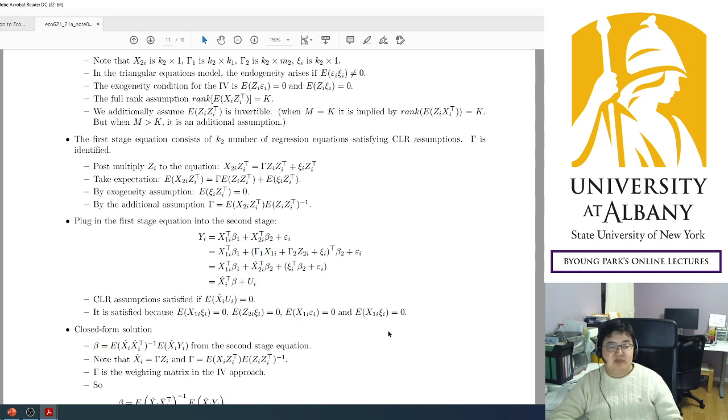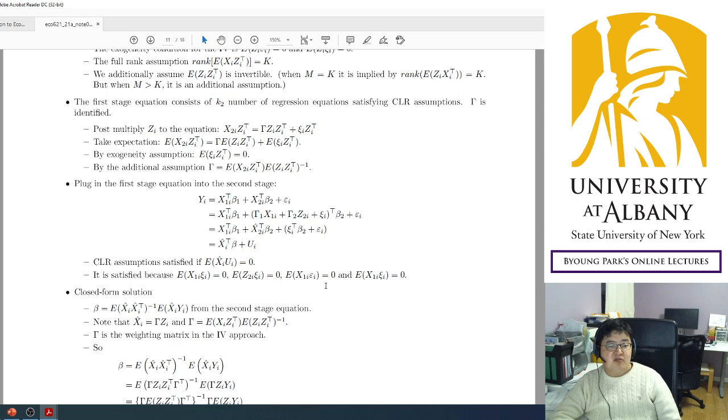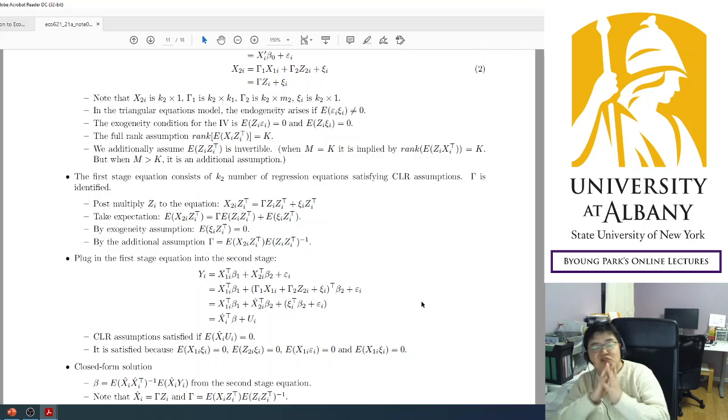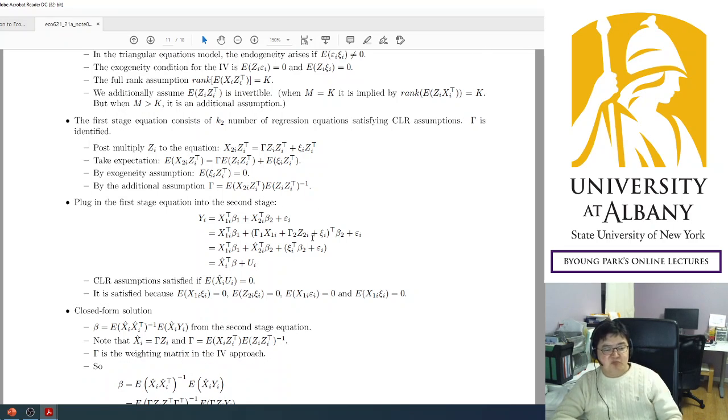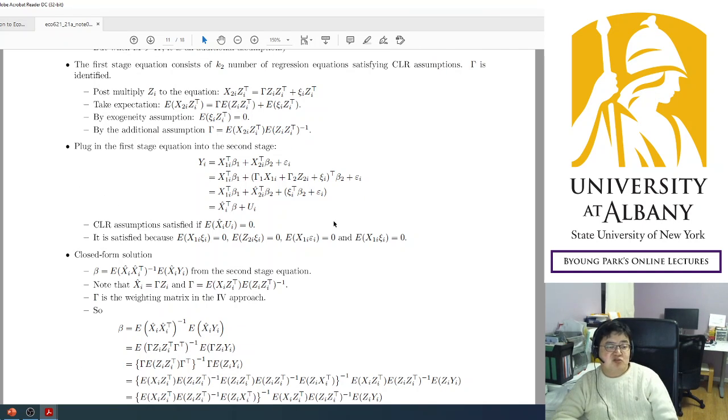You can check whether the equation satisfies them or not. This is just a simple, straightforward extension of the one-dimensional fitted value approach. We already learned the one-dimensional case, and this is the general dimension case with vectors and matrices. Just be careful about matching the notation and the dimensions.